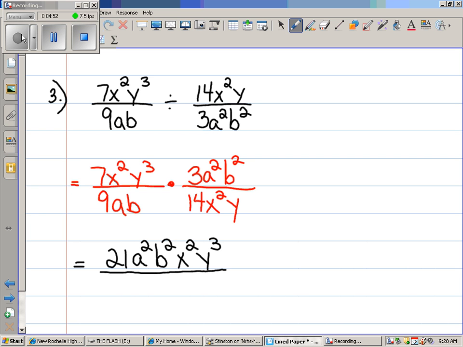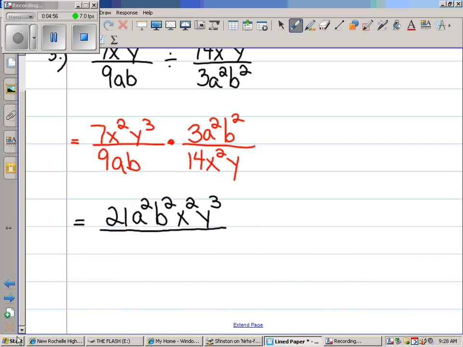You don't have to. And then 9 times 14 is 126. So that's 126 a b x squared y.